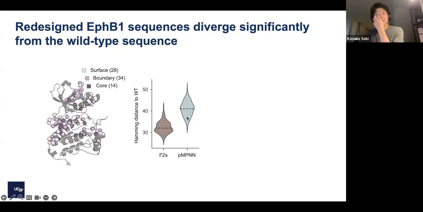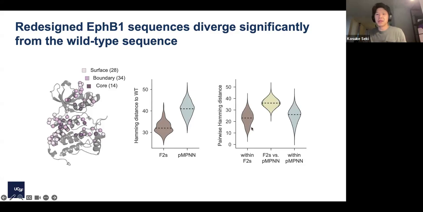And so here you can see that protein MPNN incorporates more mutations, but within those sequences, if you look at how different sequences are within protein MPNN or within frame to seq, for example, each sequence is about 25 mutations away from the others, similar in protein MPNN.